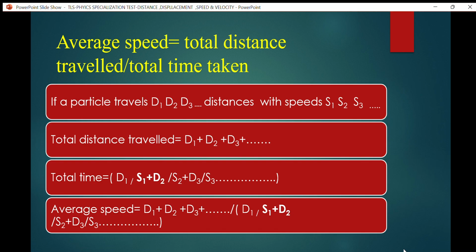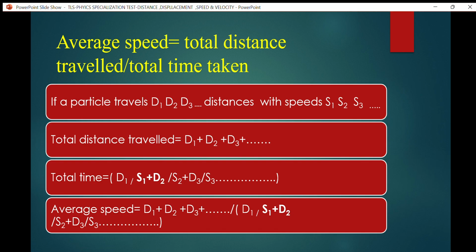Here the speed is different, the distance is also different. Total distance traveled will be d1 plus d2 plus d3. Maybe there is d4, d5, different distances will be there. So the total distance traveled will be d1 plus d2 plus d3, etc.